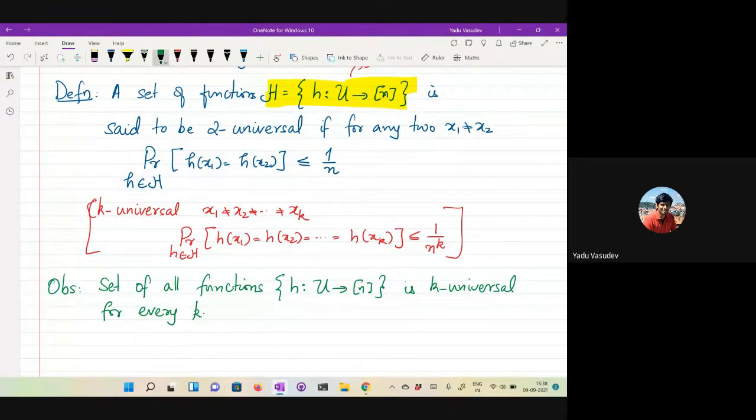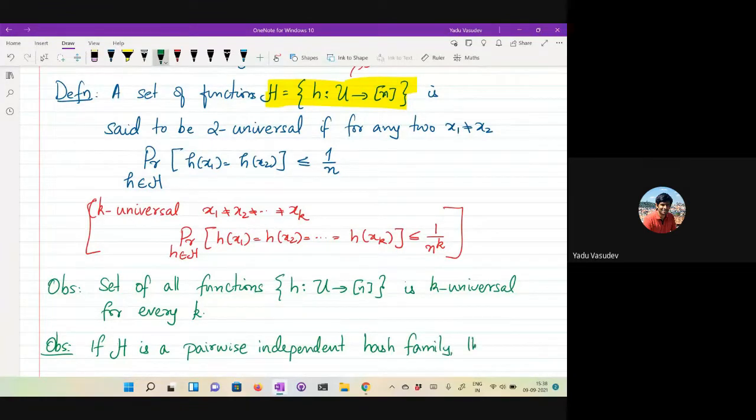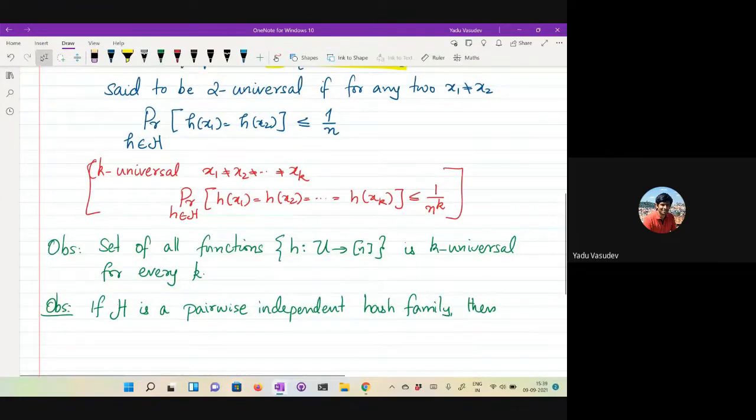So if you notice, if h is a pairwise independent hash family, then it is 2 universal.